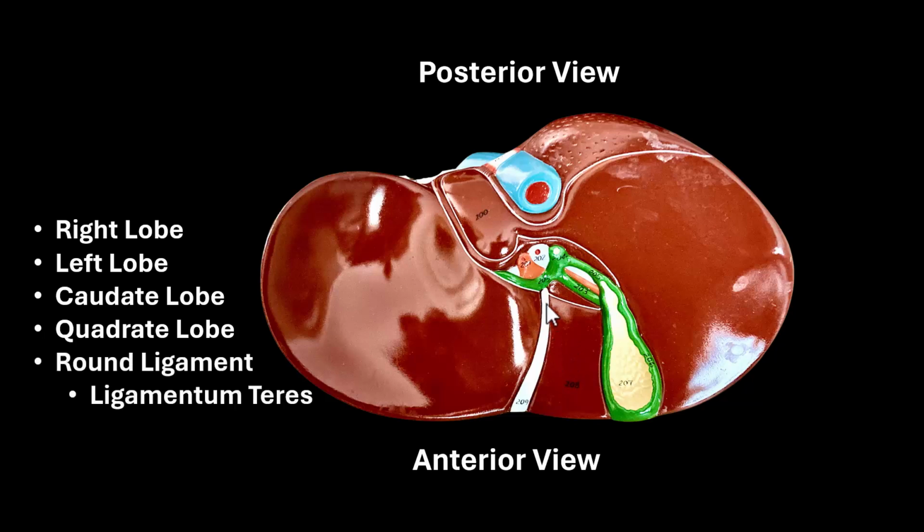And then we have the round ligament, also known as the ligamentum teres. Teres technically means round, but it's really cylindrical. If you think of a pencil, that would be a teres shape. Or say a marker.